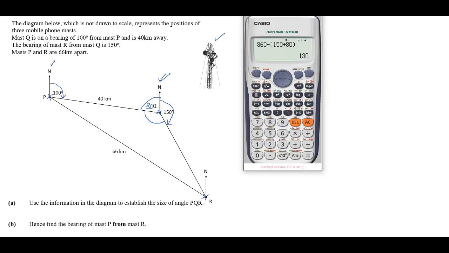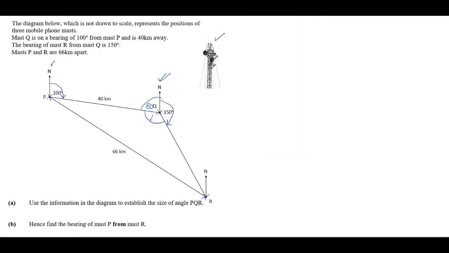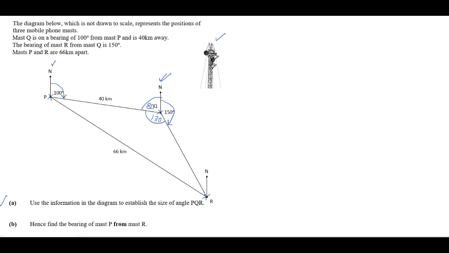This angle is 130 degrees. Hence, part A is done, which is to use the information in the diagram. So we have used the information given in the question to find the angle PQR. This angle is 130 degrees.